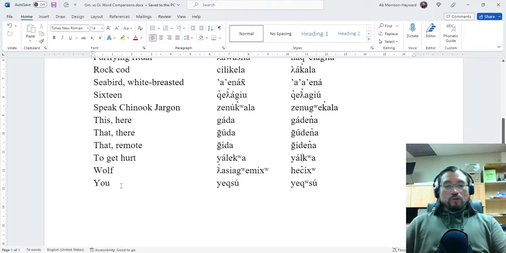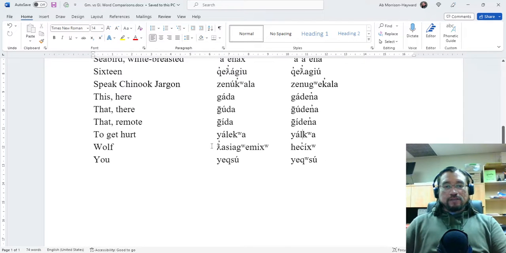And the word for wolf in xaisla is tlasiagwamich. In xenaksiala, hatichu. And the word for you in xaisla, yiksu. And in xenaksiala, yaksu.